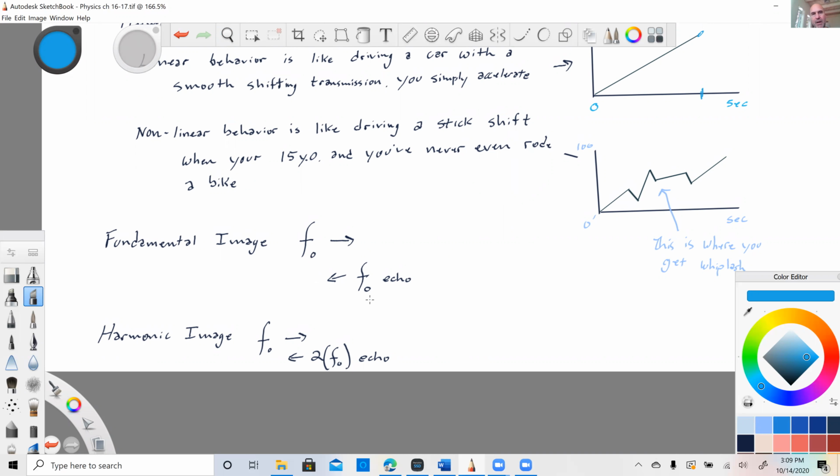The main fundamental frequency. Yes, there are other frequencies, but that's not what we're talking about now. Let's concentrate on the fundamental frequency only. With harmonics, the fundamental frequency goes in, and 2 times that frequency comes back out.